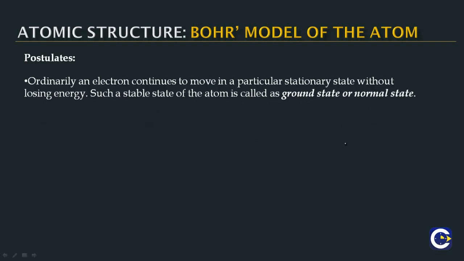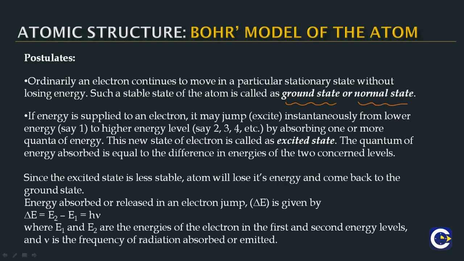Now when an electron is continuously moving in a particular orbit without losing energy, this level is its normal state or the ground state, and when the electron is supplied with energy, it will excite from that lower energy or ground state to any of the higher energy levels.